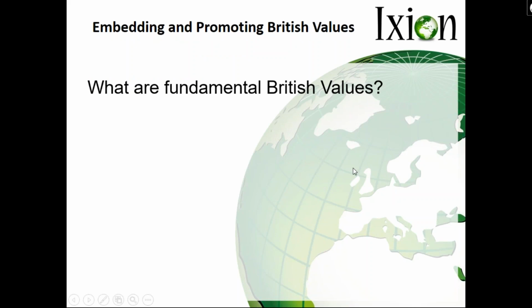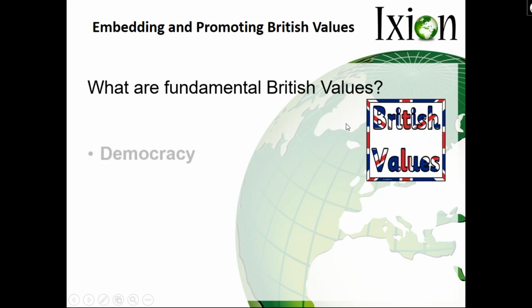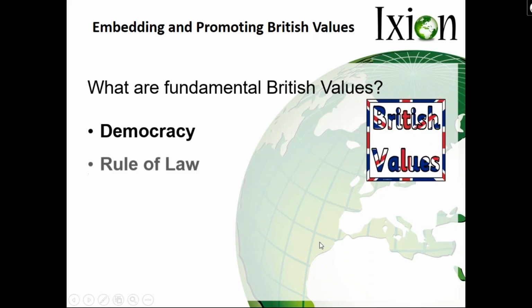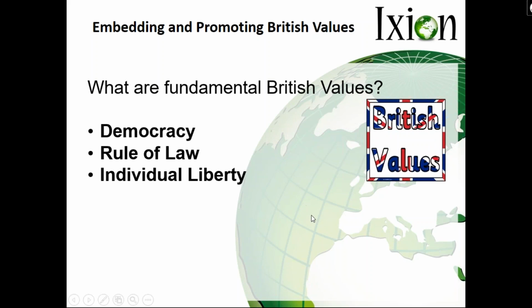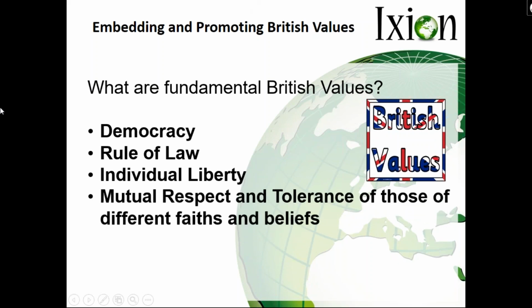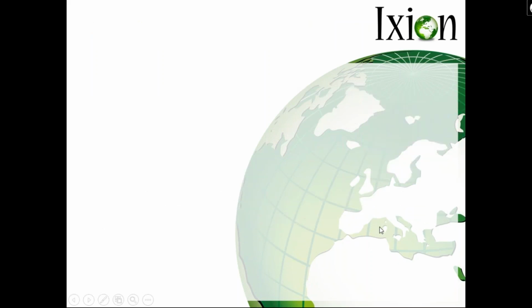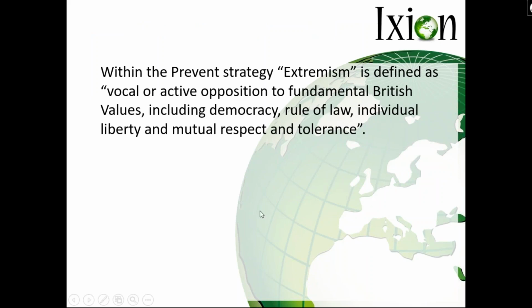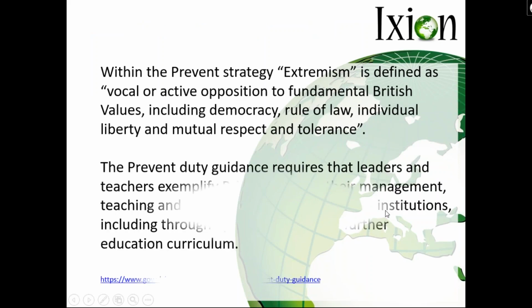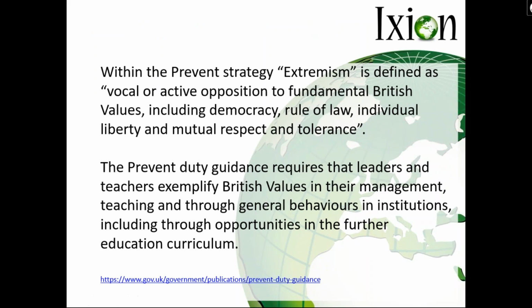So now let's very briefly look at British values. I'm sure by now that you're all aware of what fundamental British values are defined as: democracy, rule of law, individual liberty, mutual respect and tolerance of those of different faiths and beliefs. Now, just to link British values to the PREVENT strategy, extremism is defined as vocal or active opposition to fundamental British values, including democracy, rule of law, individual liberty, and mutual respect and tolerance.